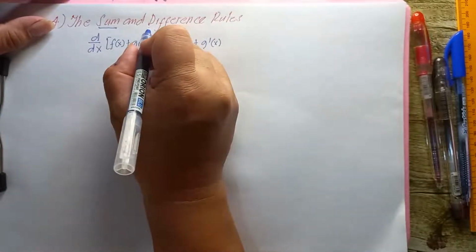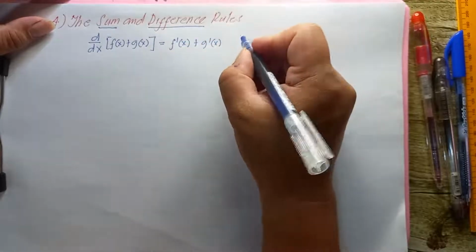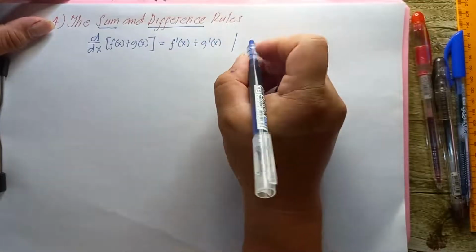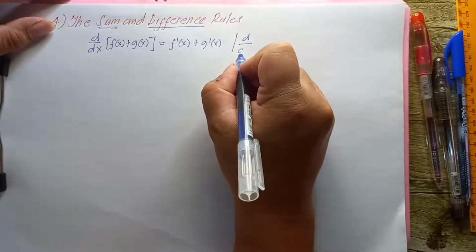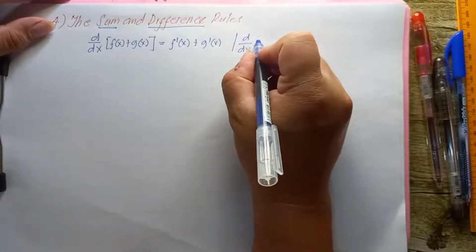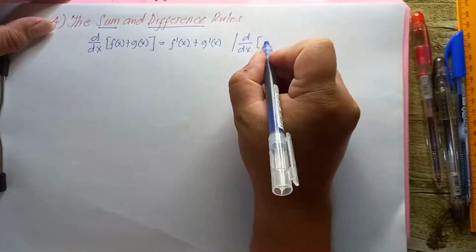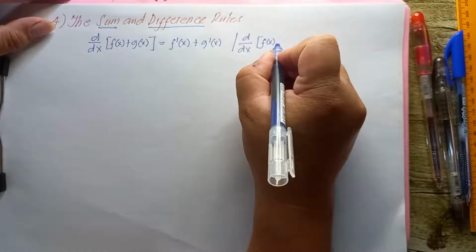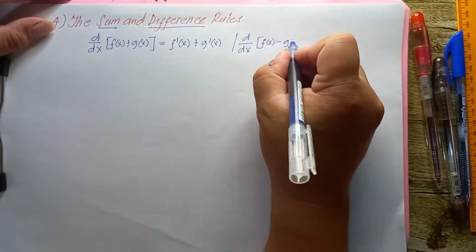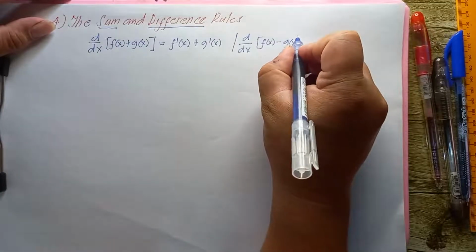Now what about for the difference? For the difference, it is the same. The notation is d over dx of the difference, f of x minus g of x.